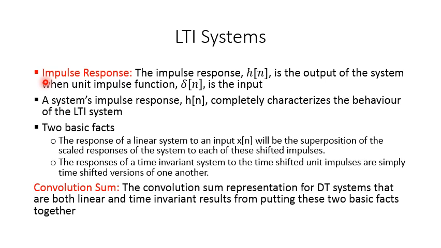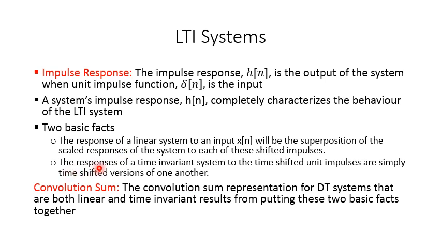For the LTI system, the response of a linear system to an input will be the superposition, x of t for the continuous time case, and x of n for the discrete time case, right? So that is, the system holds the property of linearity, that is, it holds superposition and scaling.